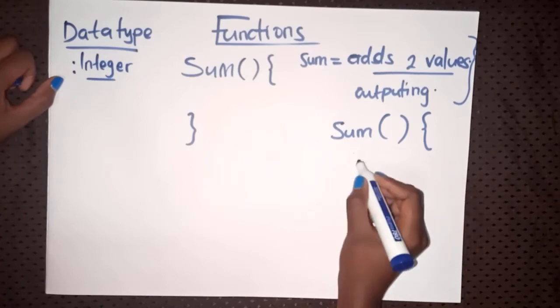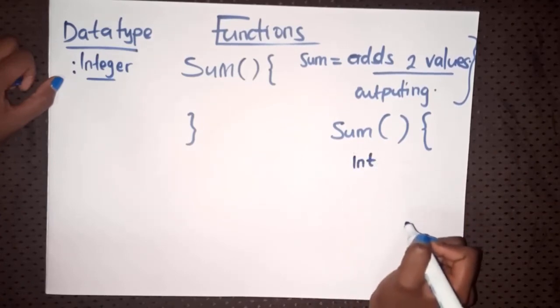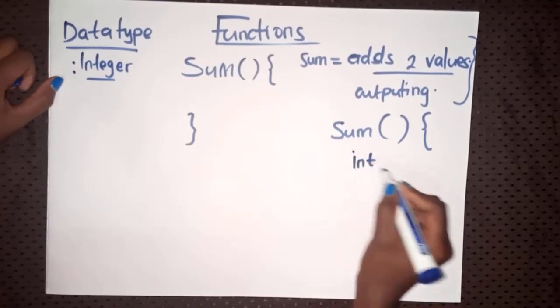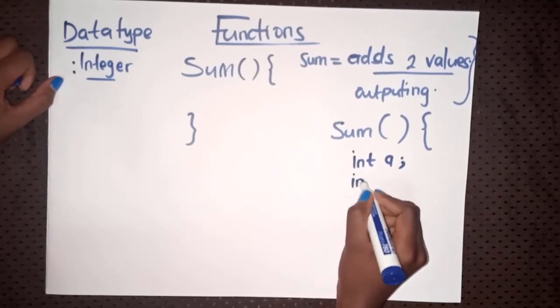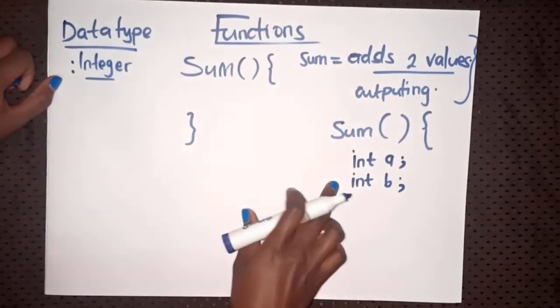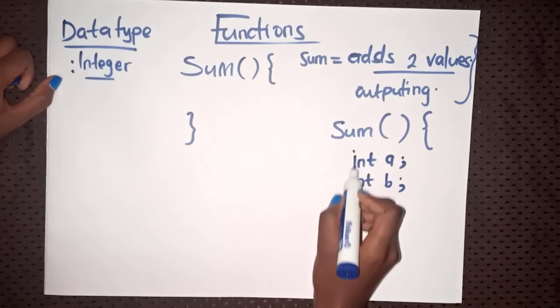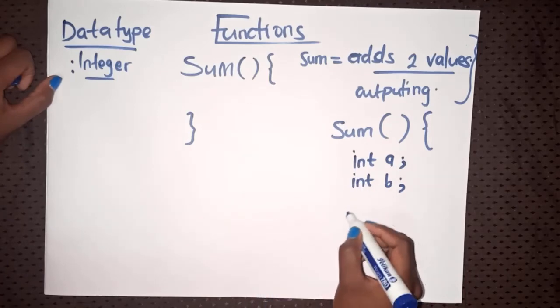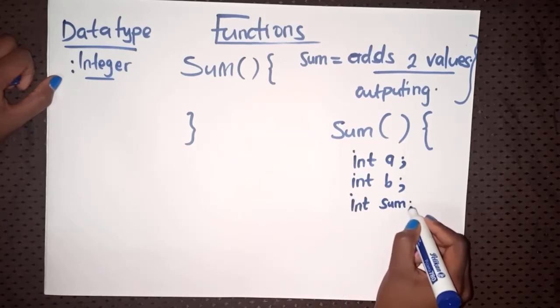So we will have to declare two. Let me just use int a. This is the first value. Int b. So we declare that we have two integers, and what we want to do to these two integers is to add them up. Our answer will also be an integer, sum.